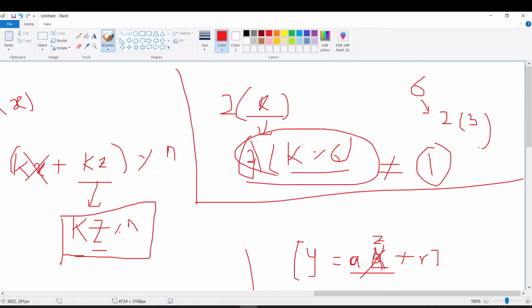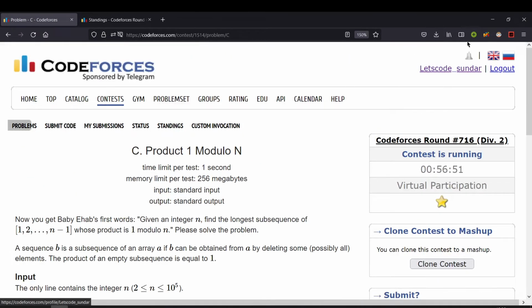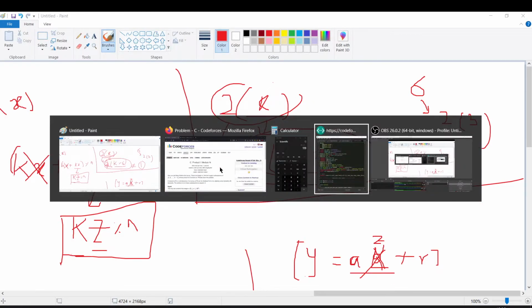So if you take the modulo by 6, then it will be just 2 into this remainder part, and it will be lesser than 6 for sure. So as it contains the coinciding value already, it can never be 1. Yeah, the value can never be 1, so we have to eliminate this term for sure. Okay, I think I got a proof of it. I think I can take it now.